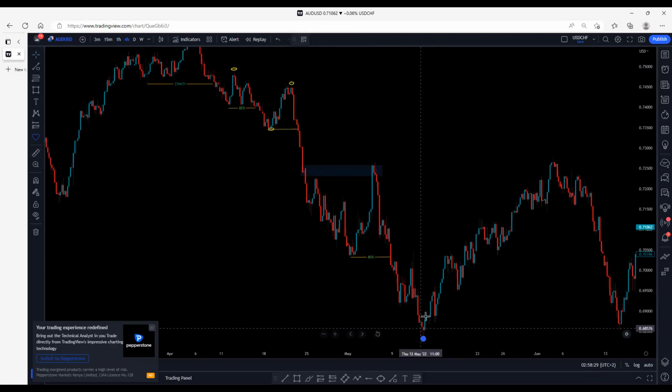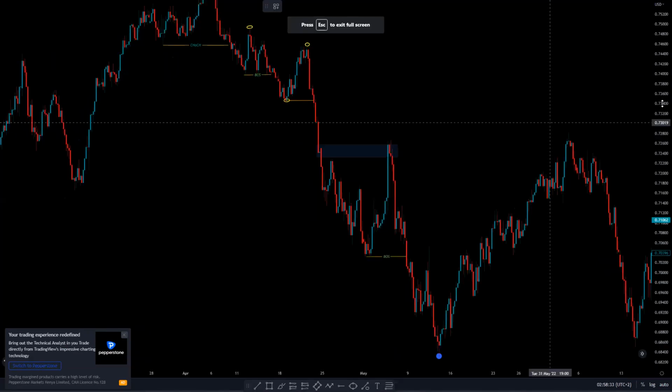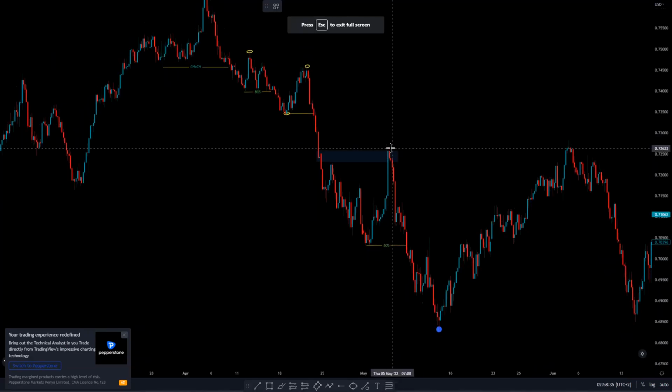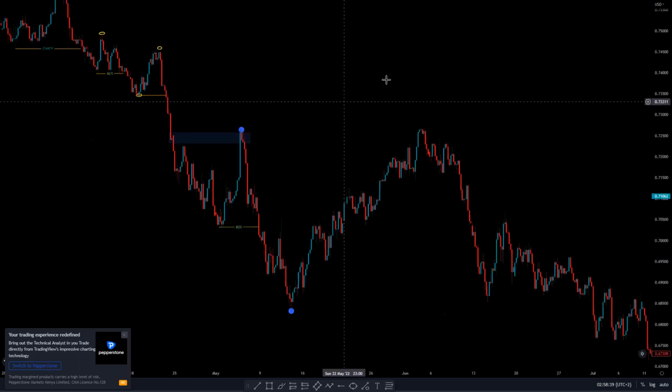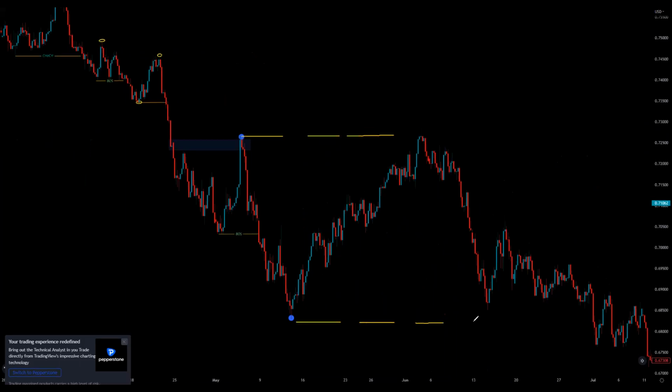Okay, so that becomes now our lowest point. For now, this is our highest point, right? So anything that happens between here is still internal structure. Now look at this, how nice this is. So that's why I'm saying, like I said, that internal structure, they pay a lot, but of course it depends on what is internal structure to you.